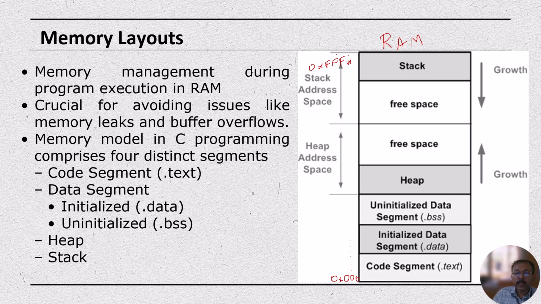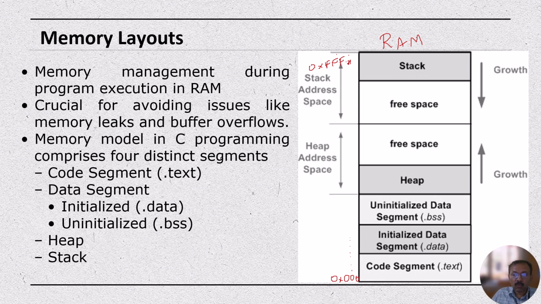Heap memory is meant for dynamic memory allocation. Hope you remember you might have used functions like malloc, calloc, free, etc. Those functions use this heap memory allocation for direct memory access using pointers. Then stack memory handles local variables and local function calls.